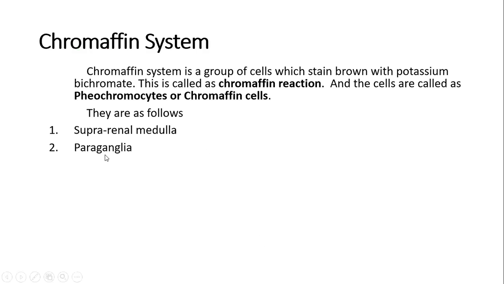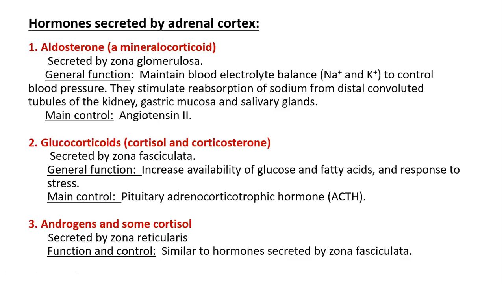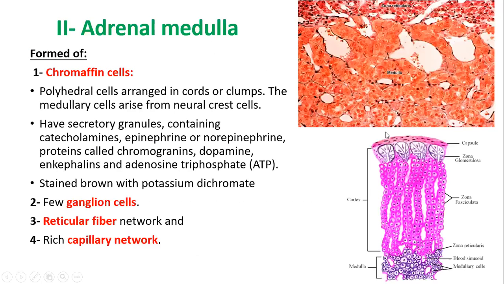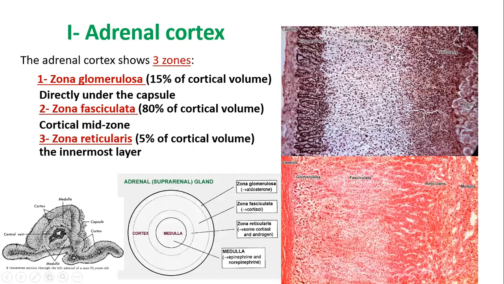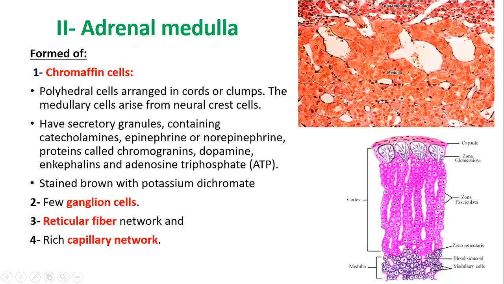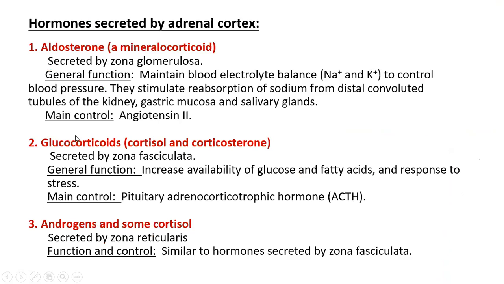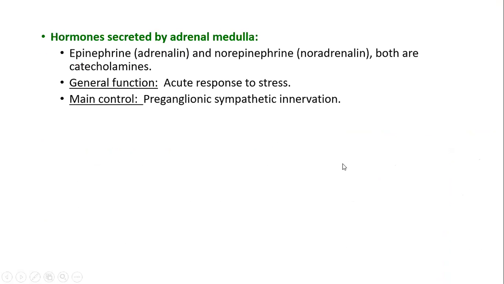As we saw, the glucocorticoids are secreted by the largest layer, the zona fasciculata, almost 80%, a very large layer. It helps in the increased availability of glucose and fatty acids in stress.